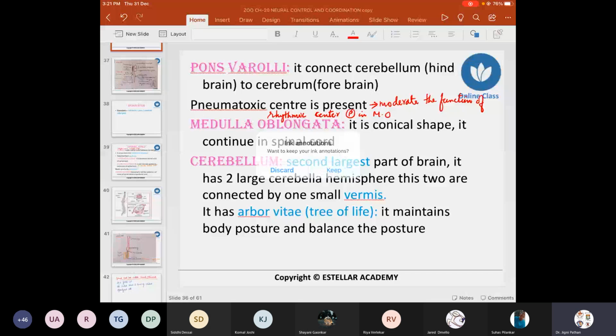Pons varoli connects the cerebellum, that is hindbrain, to the forebrain. Pneumotaxic center is present in the pons varoli and moderates the function of the rhythmic center, which is present in the medulla oblongata.